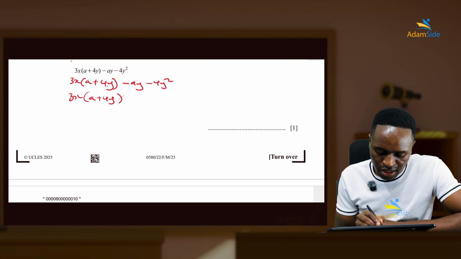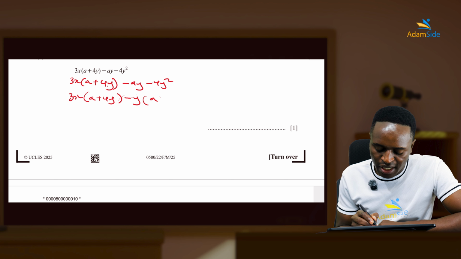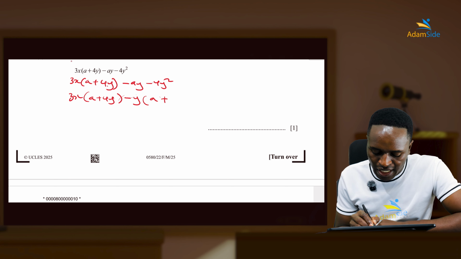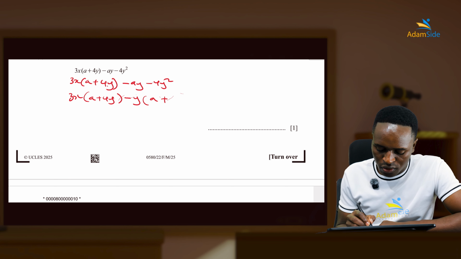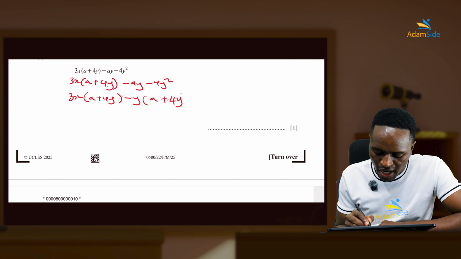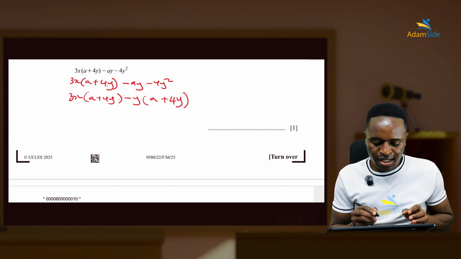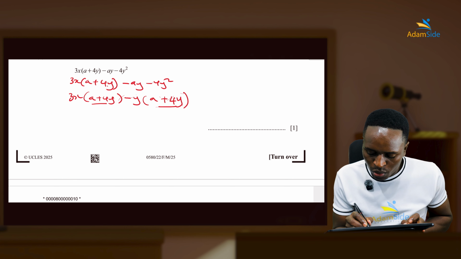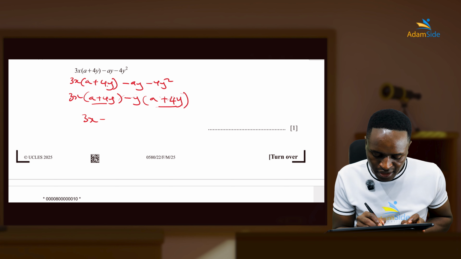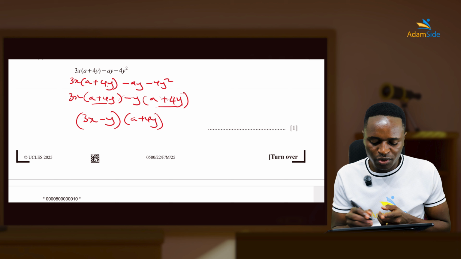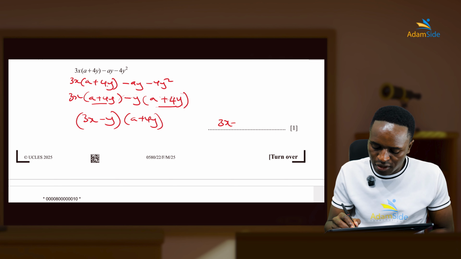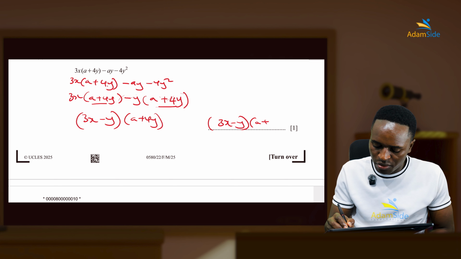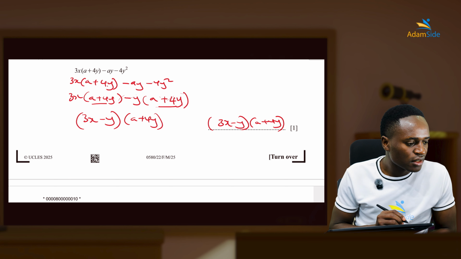So you say minus y into a plus 4y. That's it. Then you can see now these two are common. Just say 3x minus y and then a plus 4y. You pick it like that because they're similar. So 3x minus y and then a plus 4y. You pick one. Yes, good.